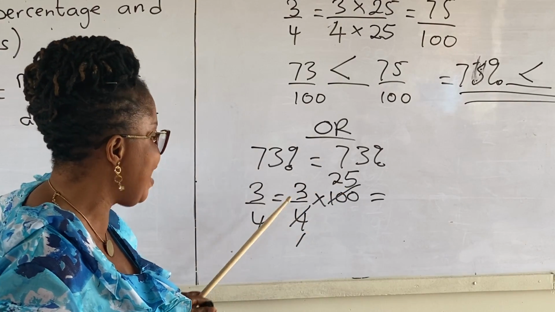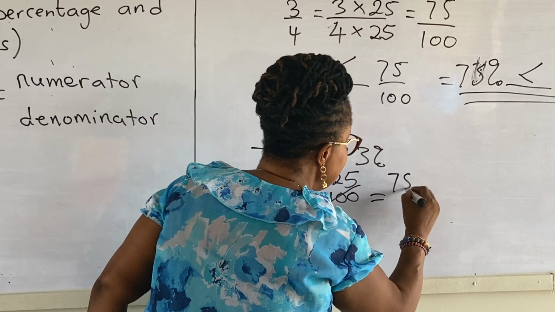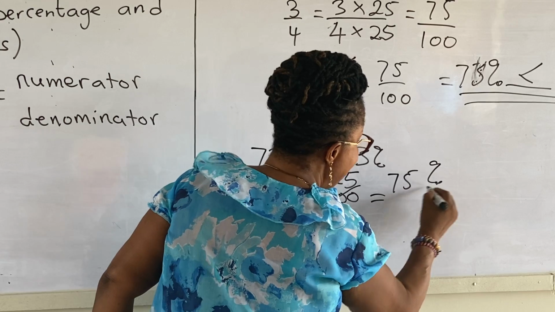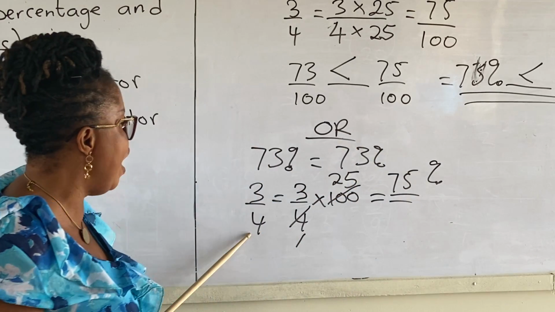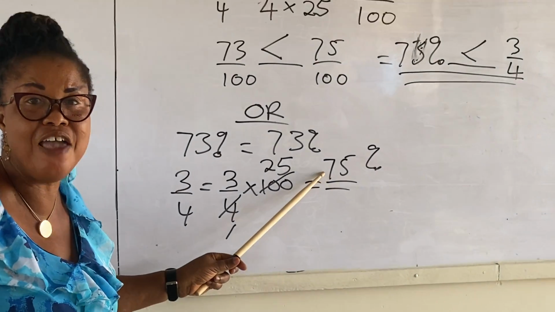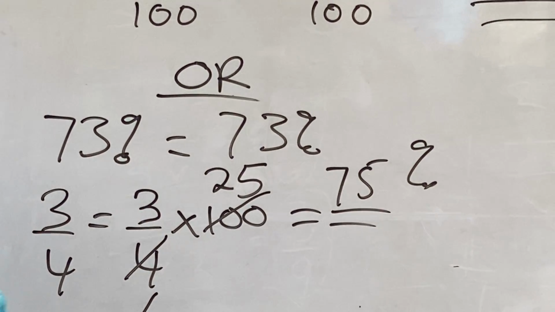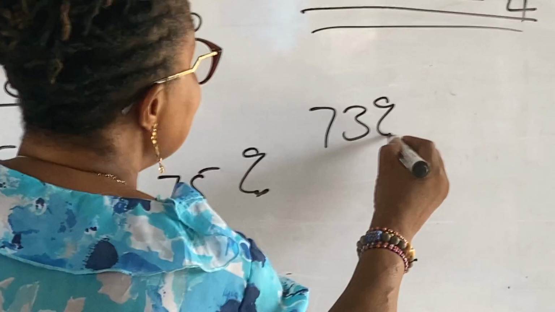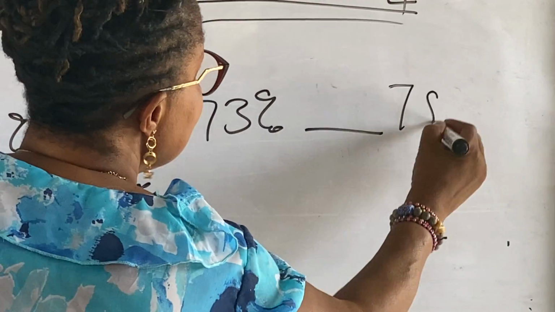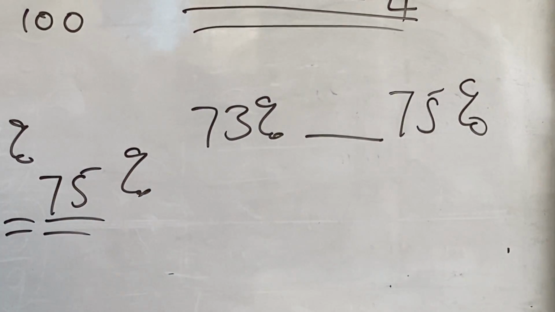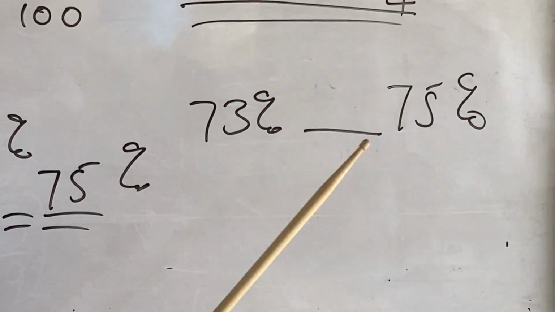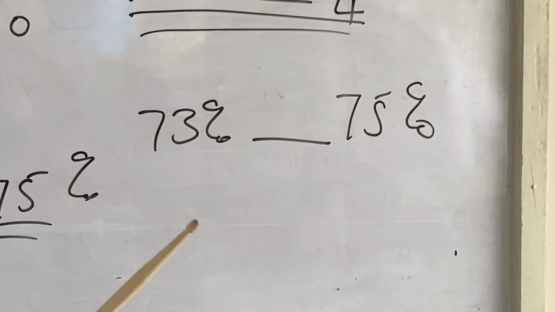So 25 times 3 is 75. So now we have converted 3 over 4 to 75%. So we can now compare the two percentages. We have 73% and 75%. Now, 73 and 75, which one is bigger?